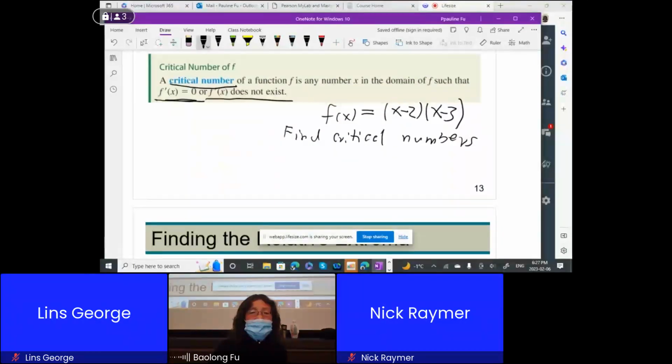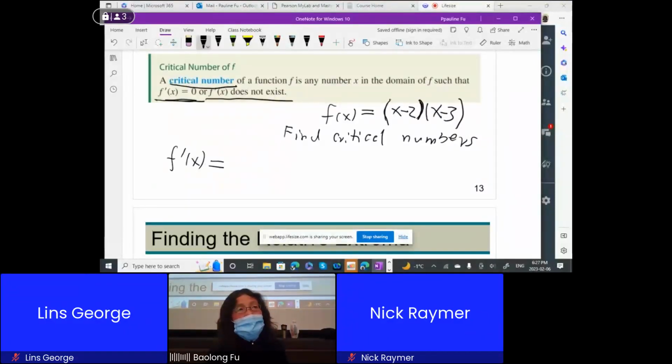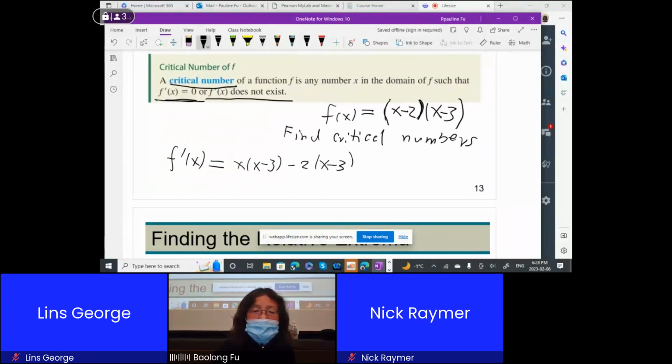So to find the critical numbers, we have to find the derivative first. So what is the derivative of this function? To find the derivative, you can have two methods for this function. Method 1, you expand the expression to x times (x minus 3) minus 2 times (x minus 3).